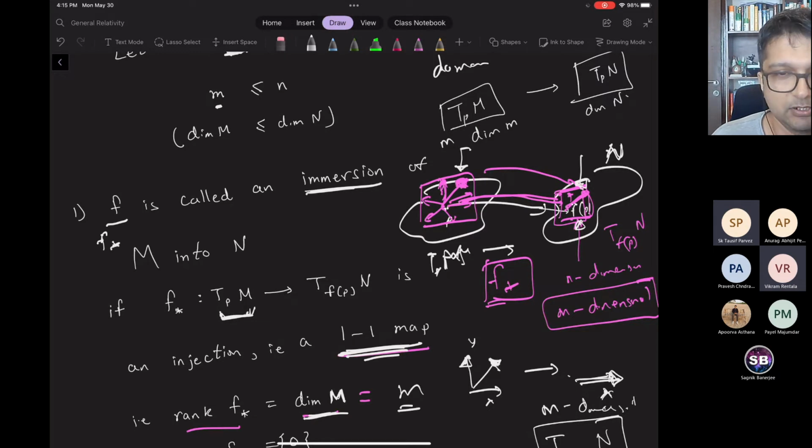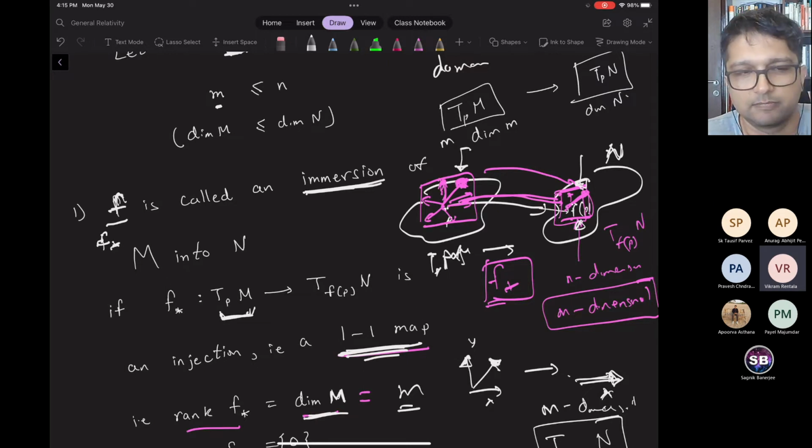And the claim is this is not ensured by any means. But if this condition is true, then we call f an immersion. So this is the definition of an immersion. The definition is through f star, but f star is automatically fixed once we fix f. So f itself defines whether or not this is an immersion.